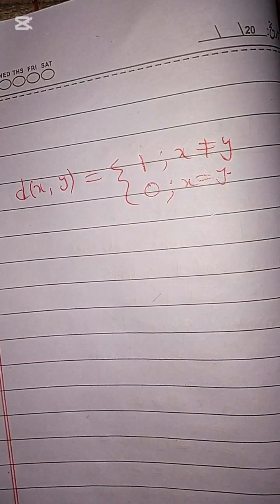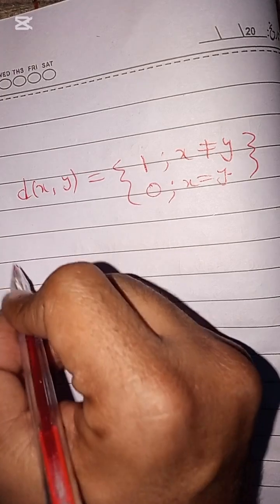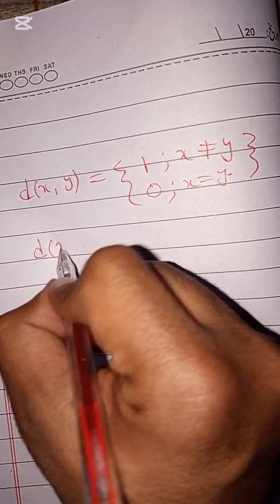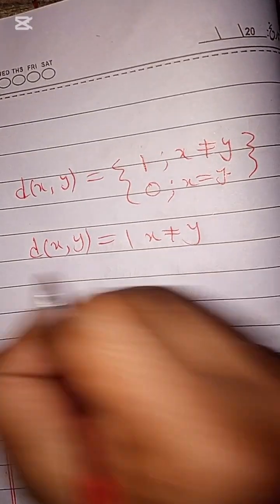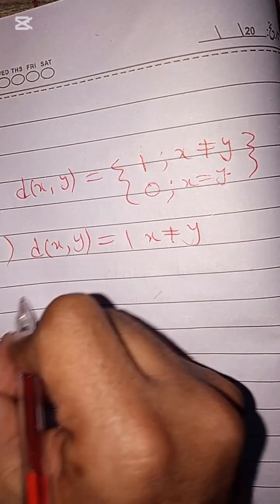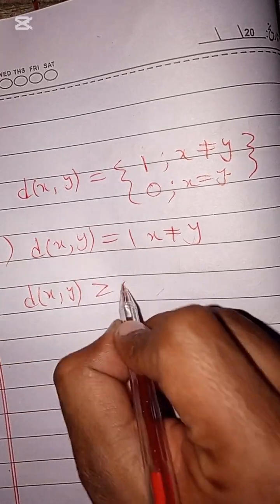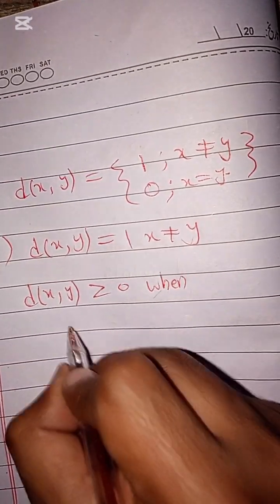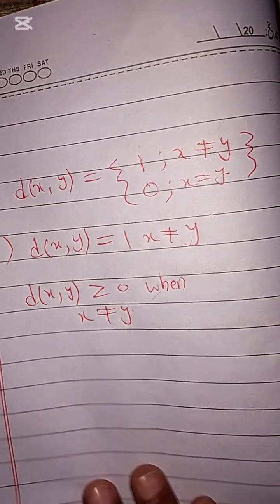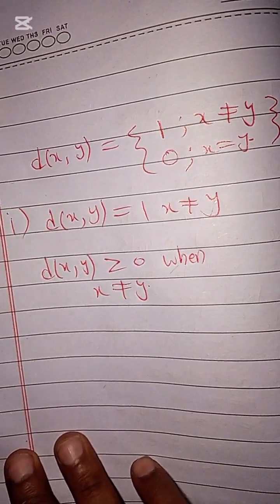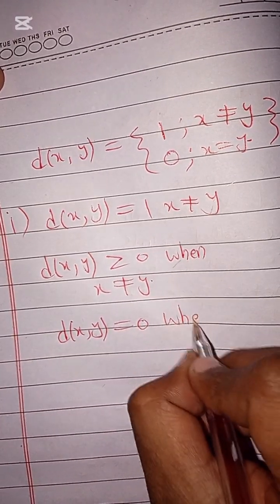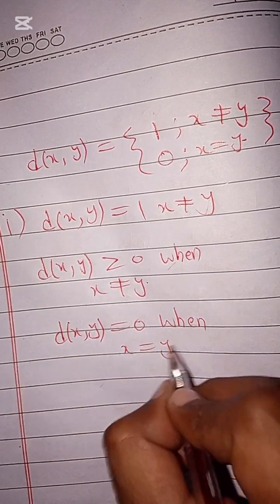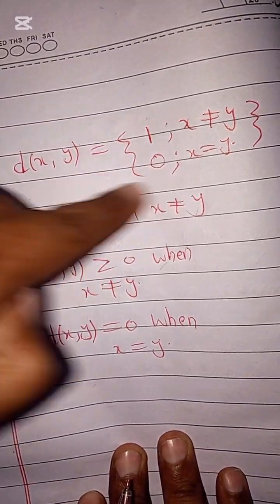So let's get on it. We know that the distance between x and y is equal to 1 in case x is not equal to y. For the first condition, we have to check that the distance of x and y is greater than or equal to 0 when x is not equal to y, and the distance of x and y is equal to 0 when x is equal to y, which is the same condition written above.